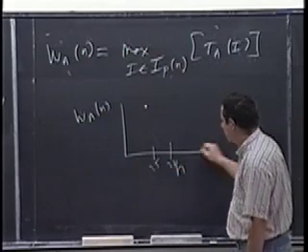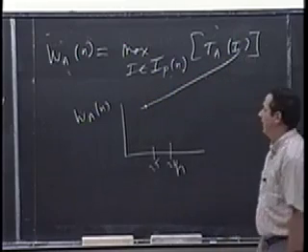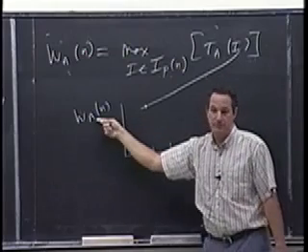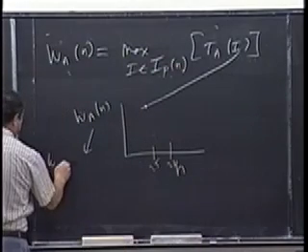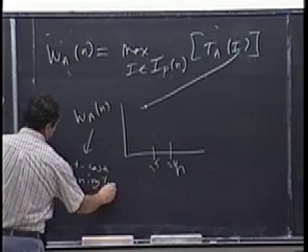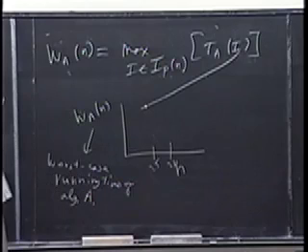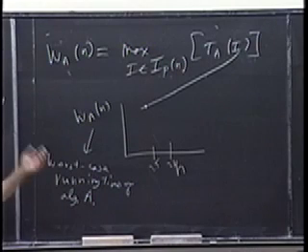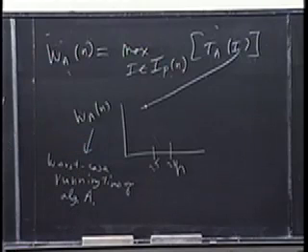And you plot it for, conceptually, of course. We're not going to ask you to do this. And this function here is W_A(n). And this function is just loosely referred to as the worst case running time or worst case behavior of algorithm A. And what's implicit when we just talk about the worst case running time is that we have decided on what the primitive operations are, and we've decided on what the size means.